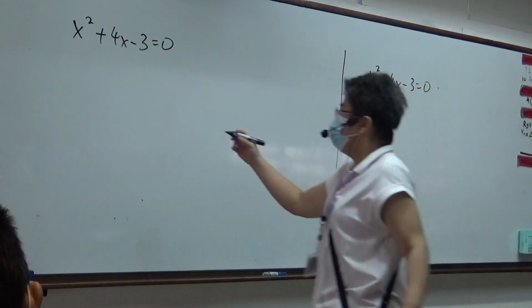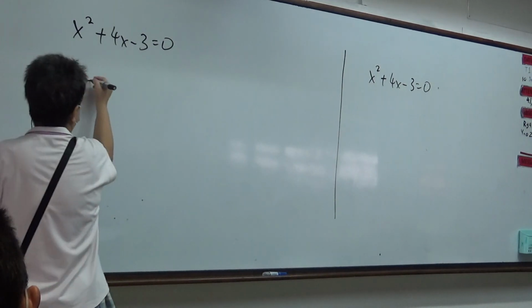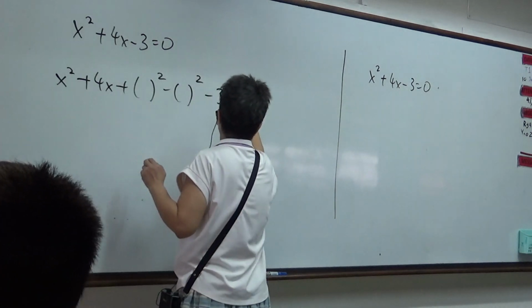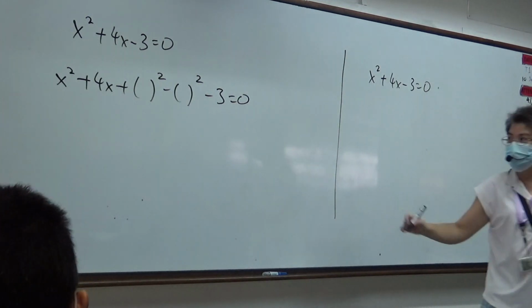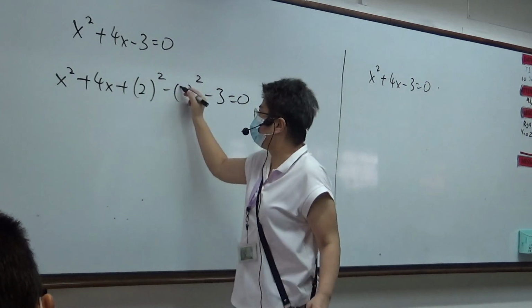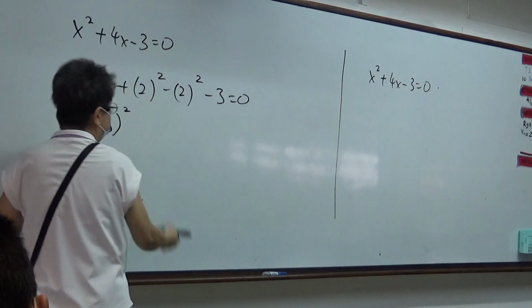Okay, now, first thing, x squared, right? We'll have to copy that. Plus 4x plus something square minus something square minus 2 equals to 0. Alright? If I do it in the normal way. Okay? This will be what? 2. Very good. So this will become x plus 2 squared.